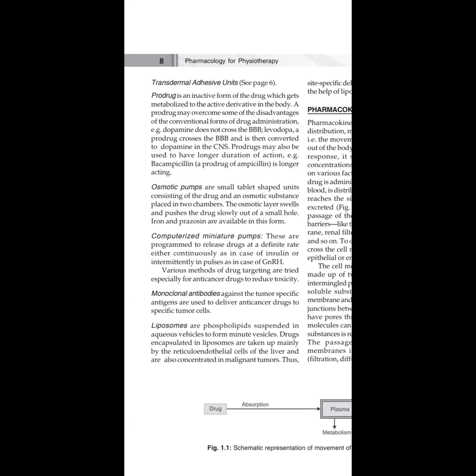Drugs encapsulated in liposomes are taken up mainly by the reticuloendothelial cells of the liver, and are also concentrated by the malignant tumor. Thus, site-specific delivery of the drug may be possible with the help of liposomes. So these are used to deliver a certain kind of drug to a certain kind of site.